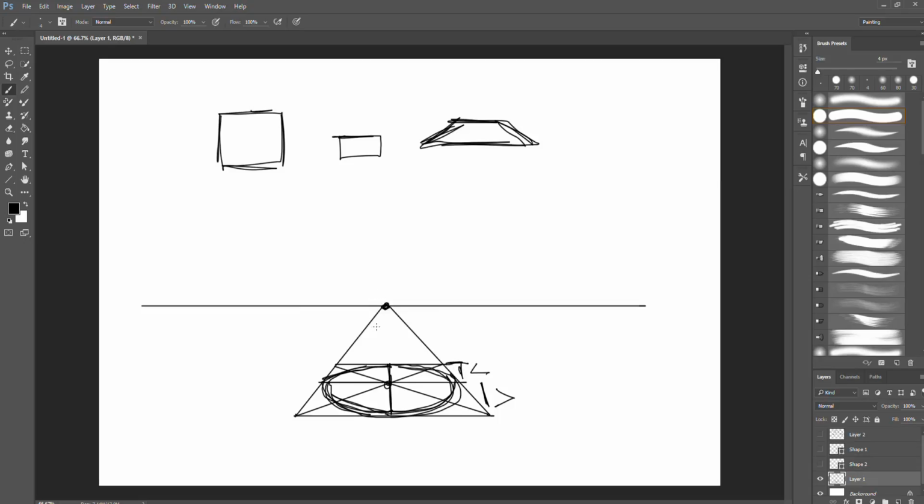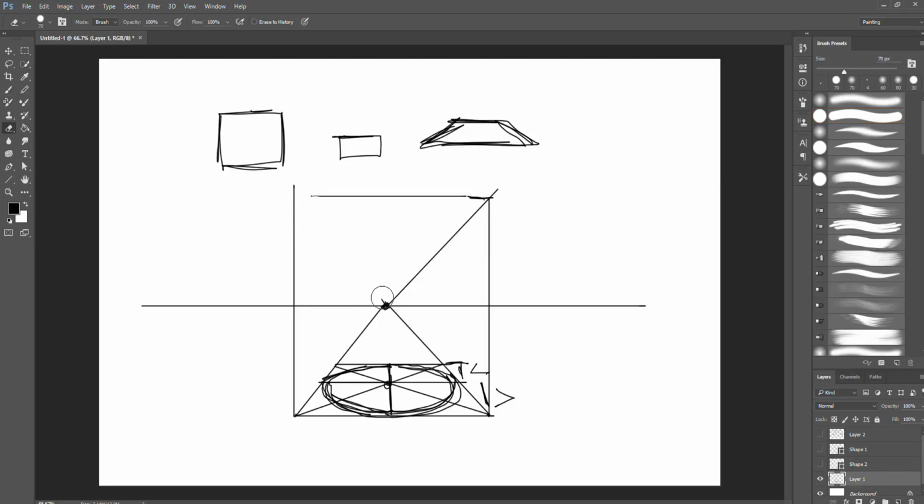And this is also very nice because, again, any set of parallel lines is going to cede to a point. So I can use this to find how curved, for example, the top and the bottom of a cylinder should be.